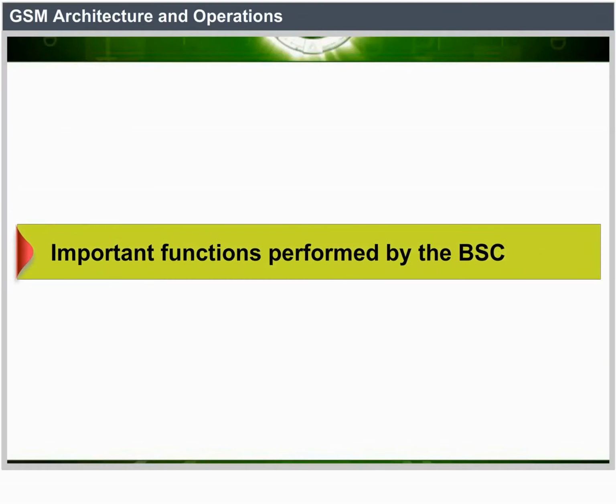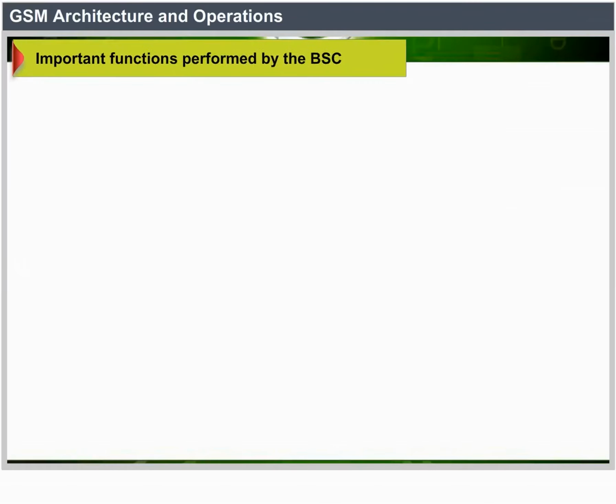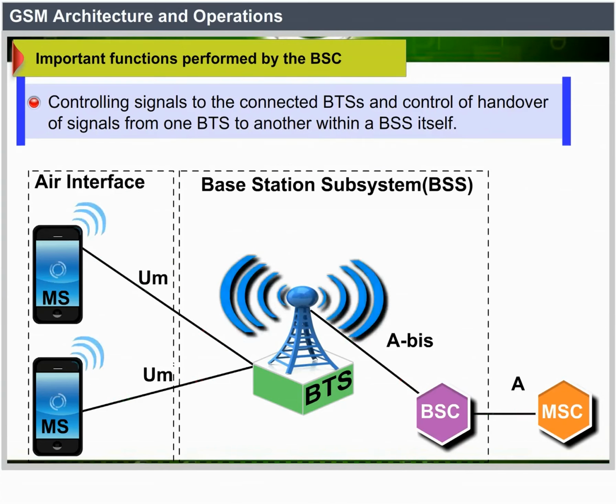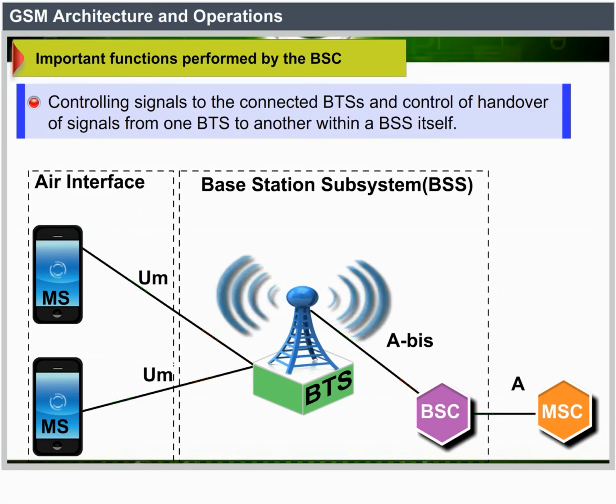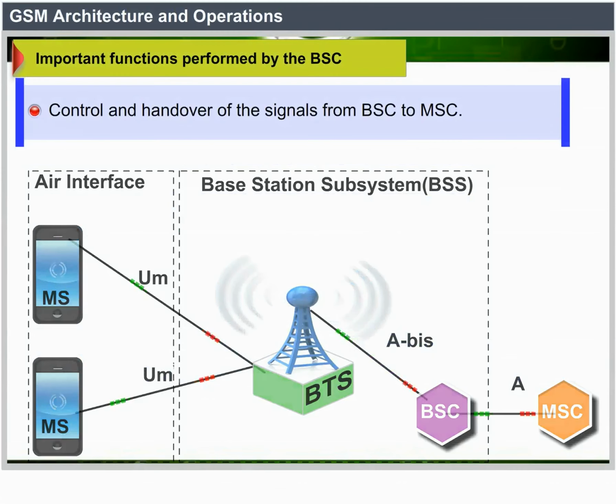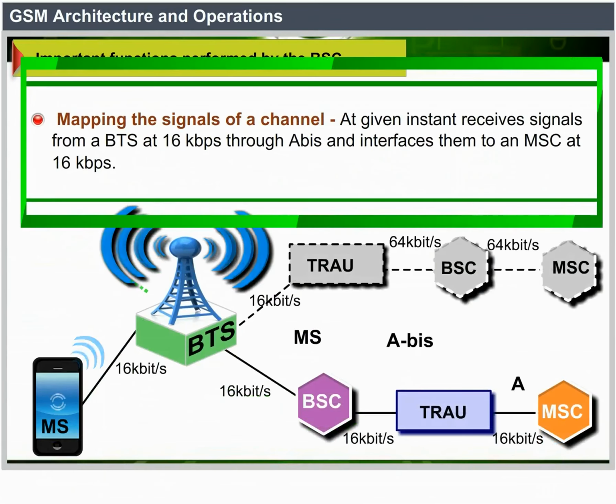Important functions performed by the BSC. Processing of signals: controlling signals to the connected BTSs and control of handover of signals from one BTS to another within a BSS, control and handover of the signals from BSC to MSC, mapping the signals of a channel.